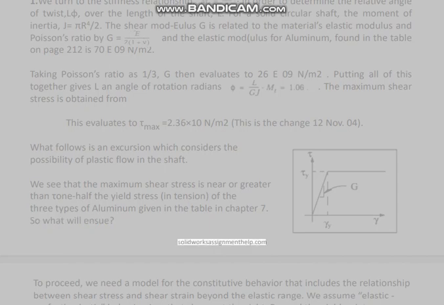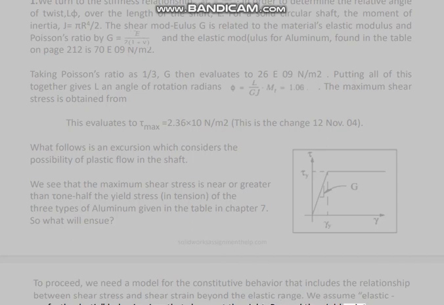To proceed, we need a model for the constitutive behavior that includes the relationship between shear stress and shear strain beyond the elastic range. We assume elastic perfectly plastic behavior, i.e., that shown at the right.